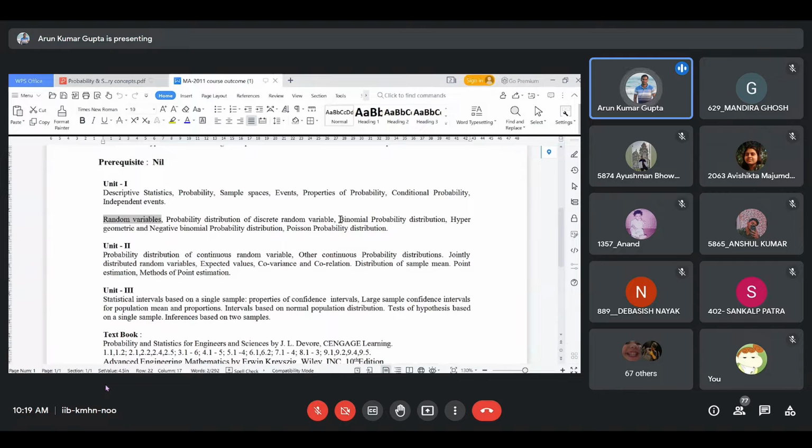Okay, so in discrete case we will have a discussion on binomial, negative binomial, hypergeometric, Poisson. Okay, so actual thing starts over here.